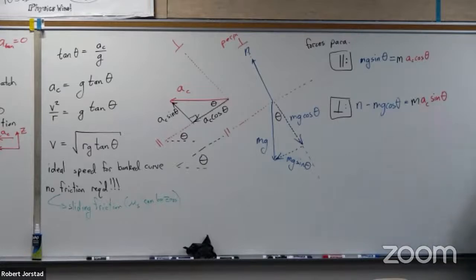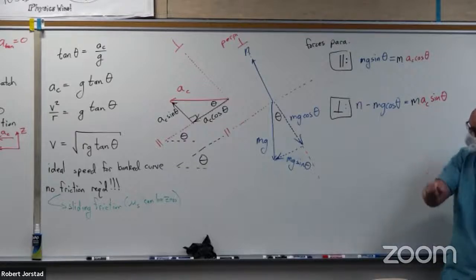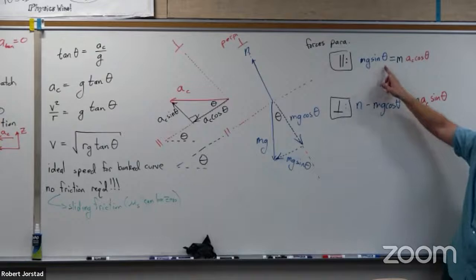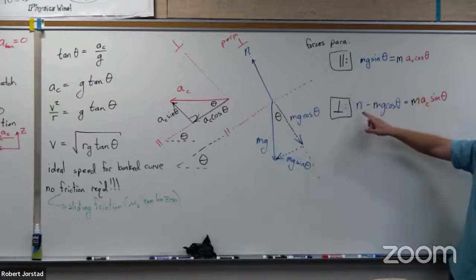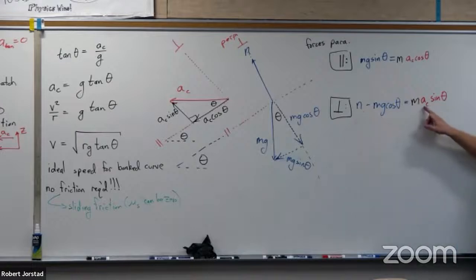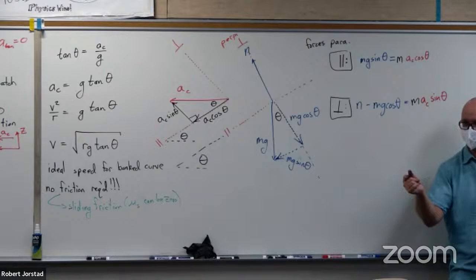Look carefully. The normal force? The normal force. Think about it. Normal force doesn't appear in both equations. It's actually fairly straightforward to understand the normal force. If you know the velocity, the angle, and the radius, you can get the normal force like that.